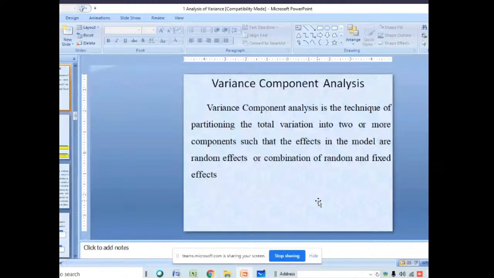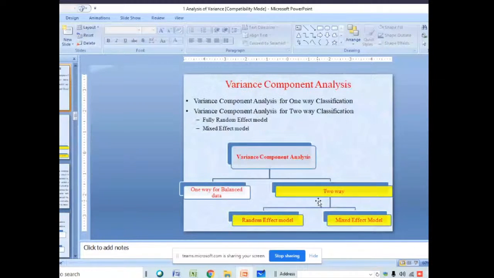If it is a two-way classification or three-way classification like that, some are random, some are fixed. Then it is called a mixed effect model. In that also, for one-way classification and two-way classification, we can evaluate for balanced data and also unbalanced data.